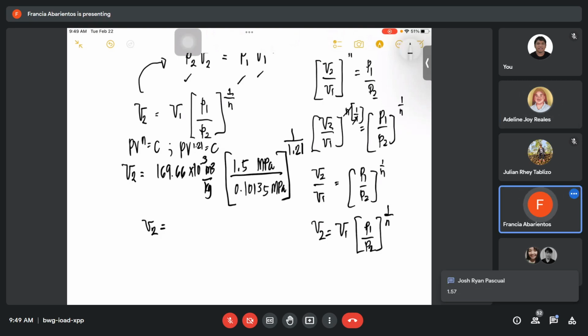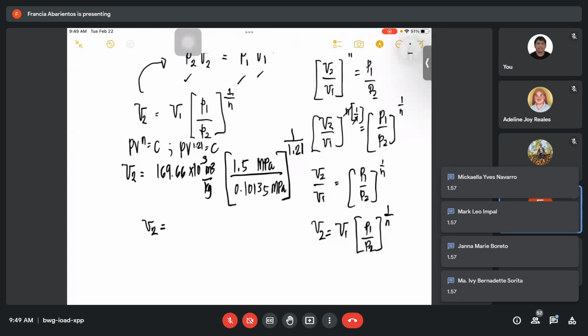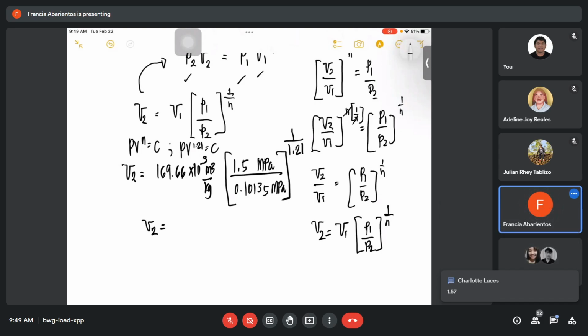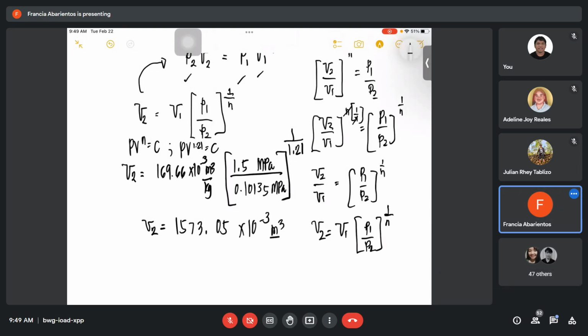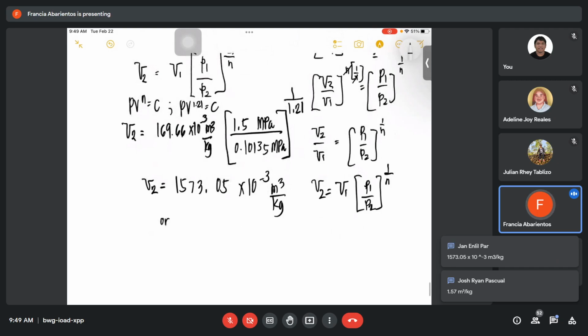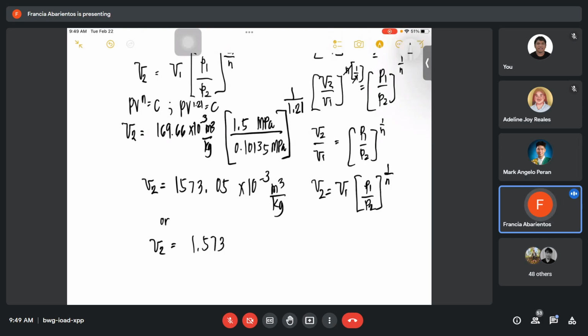Ano yung magiging answer nyo? 1.27 ano class? So this is 573.05 times 10 to the negative 3. Ayan. Or, you can use this 1.573. Ayan. Lagyan natin ng 1 cubic meter per kilogram. Okay?